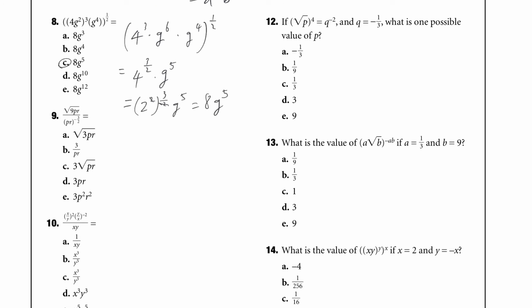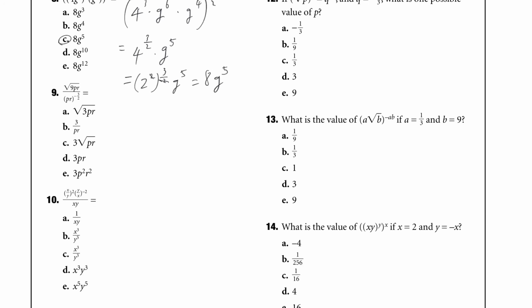Question number 9. Square root of 9pr divided by pr all to the power of -3 over 2. So first thing is I'm going to do 9 is the same as 3 to the power of 2, pr, and this all to the power of 1/2. And if I want to do this, it's pr to the power of -3 over 2.